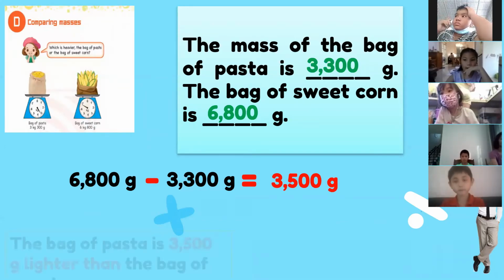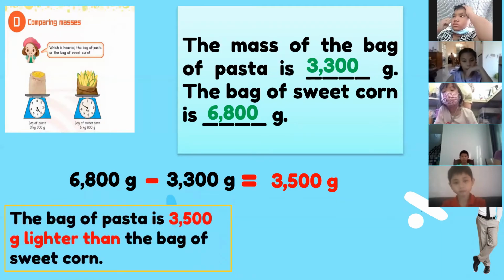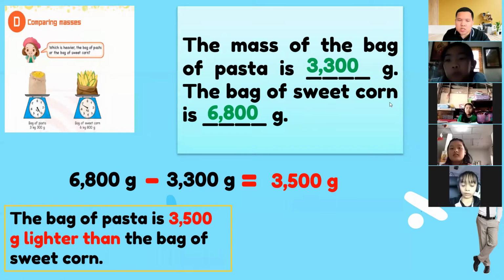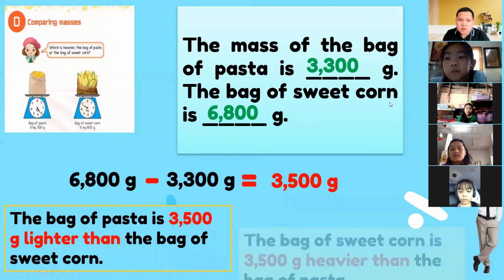All right. So now you can say that the bag of pasta is 3,500 grams lighter than the bag of sweet corn. That's why we do subtraction, right?